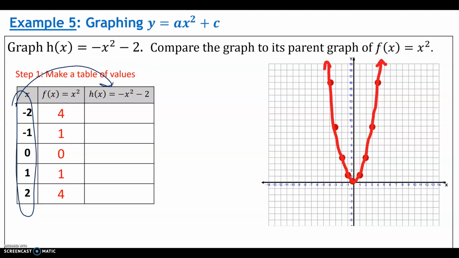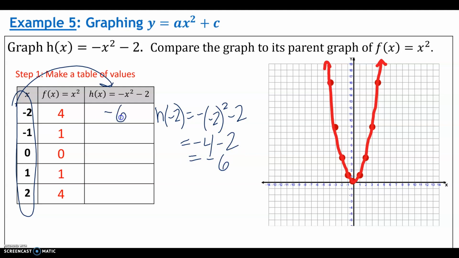Be very careful here. If we do negative 2, I'm going to put the negative 2 in parentheses, and it's going to be a negative. If you do negative 2 squared, you get a 4, minus 2. That's a negative 6. Also, a dead giveaway is this negative. You should know exactly how it's going to look. Is it going to open up or open down?